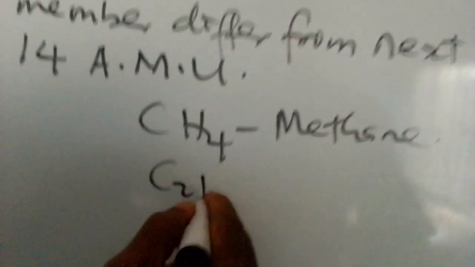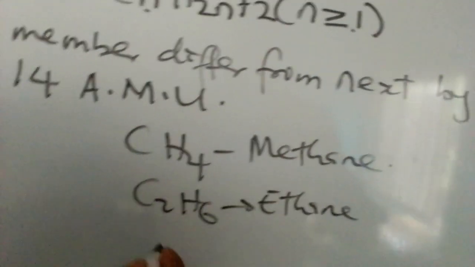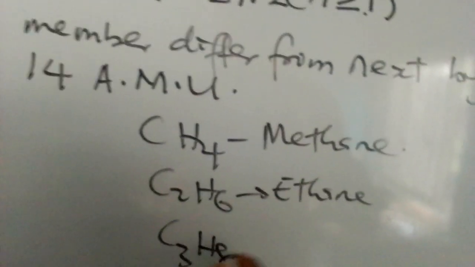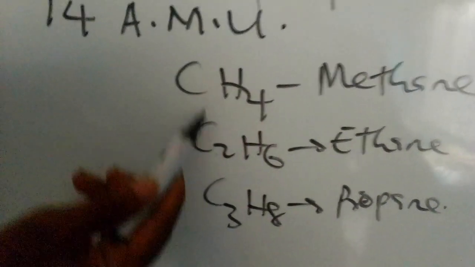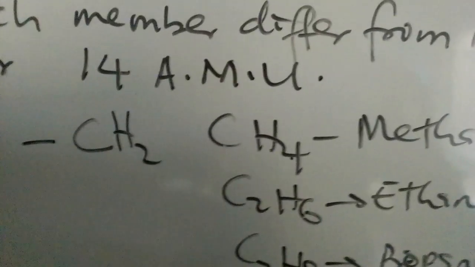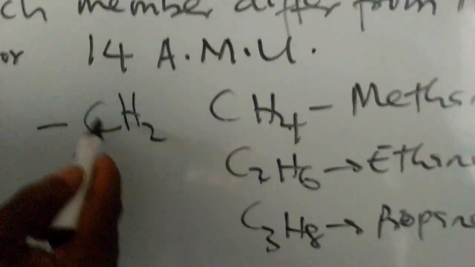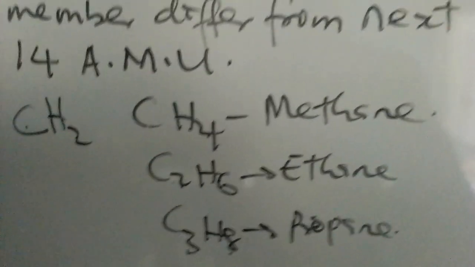Next is C2H6 called ethane. Next is C3H8 called propane. If you look at this, the difference between this and that is 1 carbon atom. 6 and 4 is 2 hydrogen atoms. Difference between 3 and 2 is 1 carbon. 8 and 6 is 2 hydrogen, and so on.